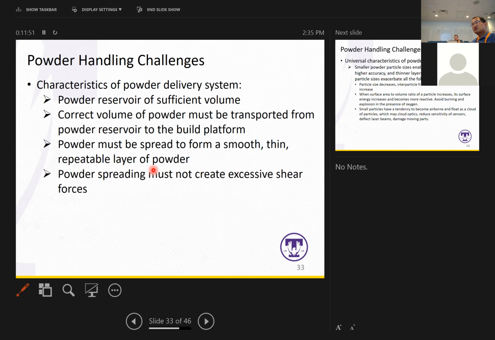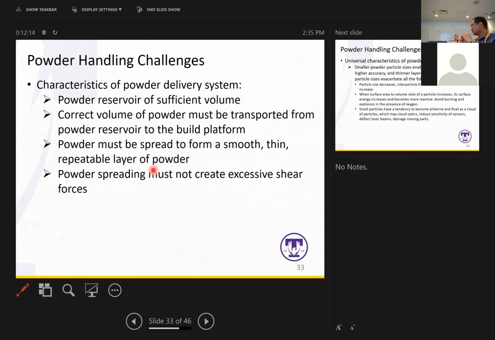And the powder must be spread to form a smooth, thin, repeatable layer of powder. The powder spreading must not create excessive shear forces.